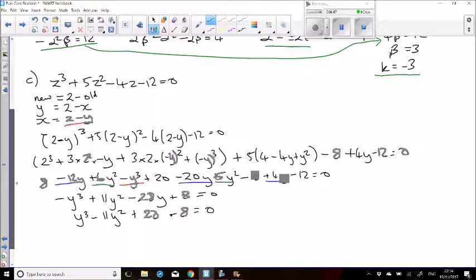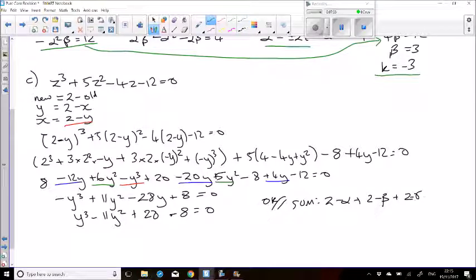because we're only expanding 2 minus y cubed. So the alternative, if you want to, you can do the sum, so 2 minus alpha plus 2 minus beta plus 2 minus gamma. You can do the product in pairs as we did before. If you look at the video for question 2, if you want to use this method, it will show you how to expand it for that question.